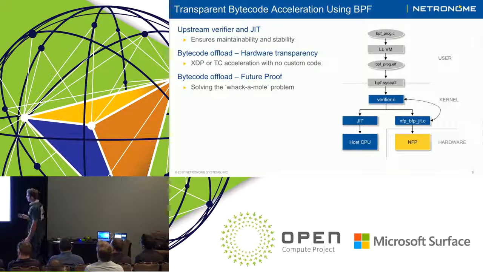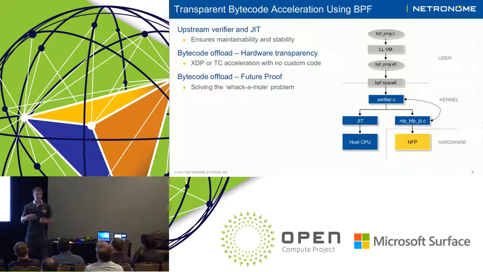What we've then done is, usually from the verifier, your program would go through the x86 JIT and from there get passed down to the host CPU. Now what we've done is we've upstreamed into the kernel our own JIT. So now you can push your bytecode down into the kernel, it gets checked by the verifier, and then we have our own NFP JIT, which translates the bytecode into our NFP assembler.